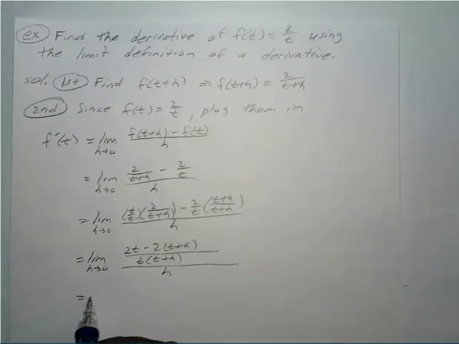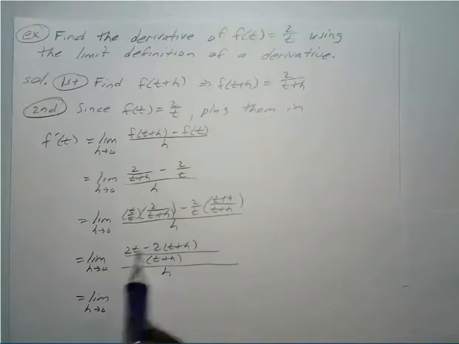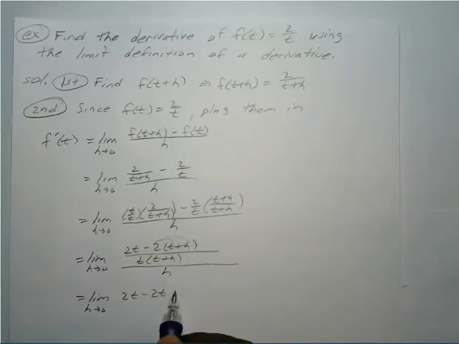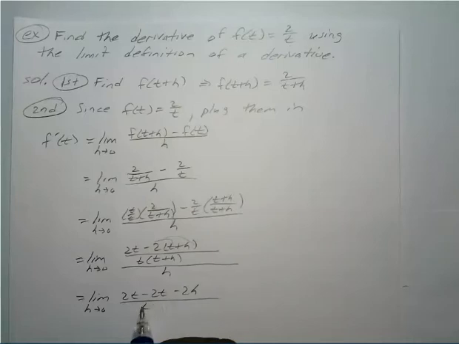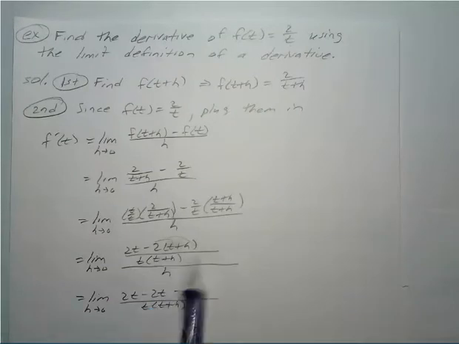Which is going to equal the limit as h approaches 0. We go ahead and distribute that negative 2, so you have 2t minus 2t minus 2h all over t times (t plus h). And instead of making that all over h, if you multiply this fraction by 1 over h, you just end up with the h right there.